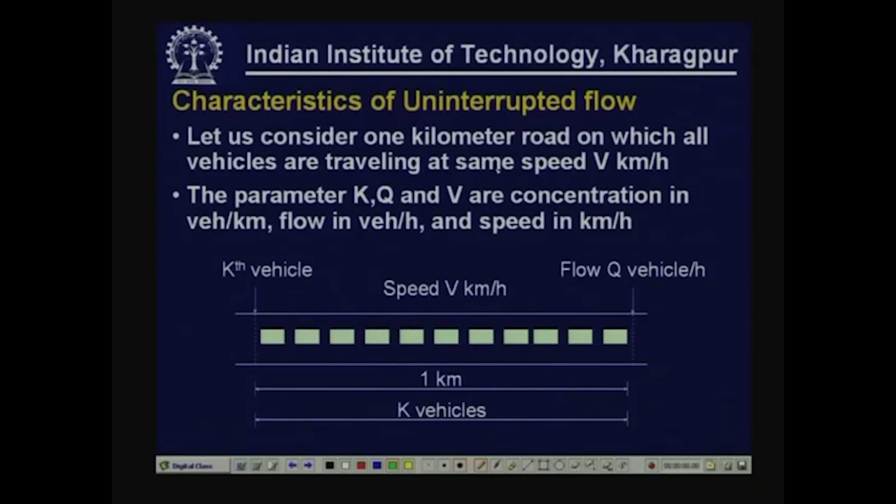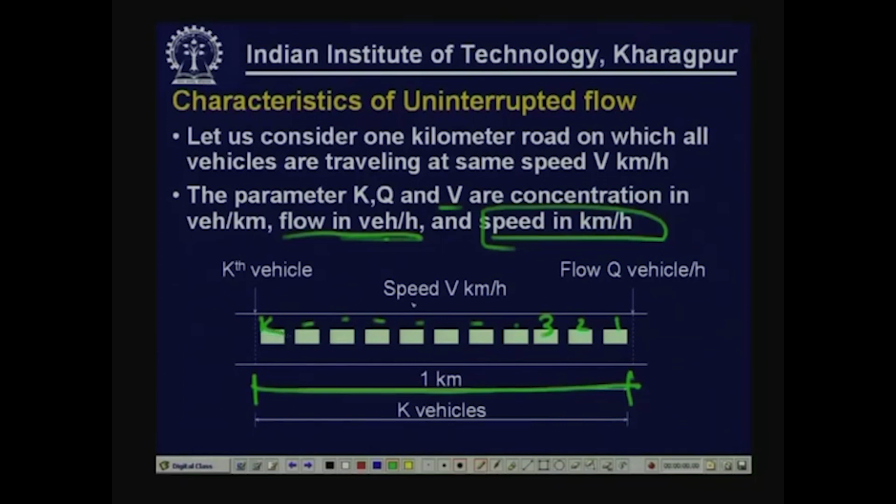The parameters k, q and v: k is concentration in vehicles per kilometer, q represents flow in vehicles per hour, and v represents the space mean speed in kilometer per hour. So, you have practically a 1 kilometer length of road. The density is k, so you have k number of vehicles: this is the first vehicle, second vehicle, third vehicle, like that, and this is the kth vehicle because density is k.